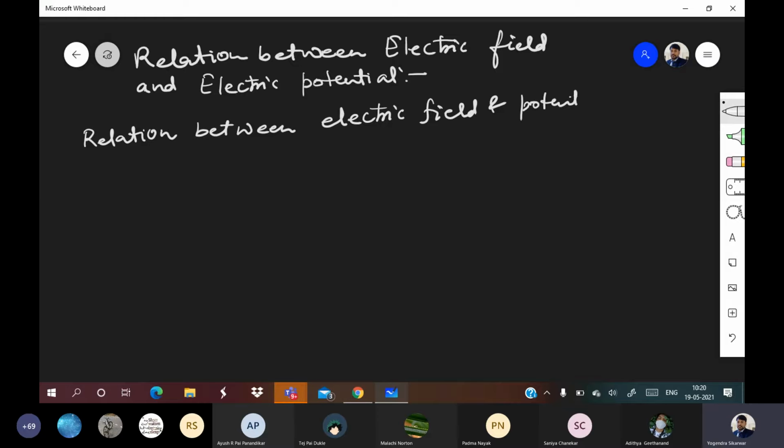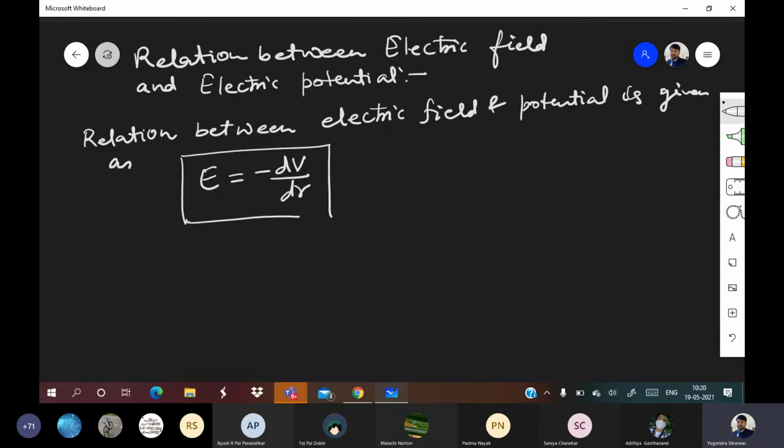Potential is given as E is equal to minus dV by dr. That means differentiation of potential with respect to r.